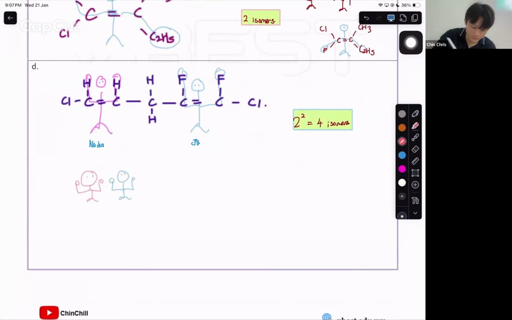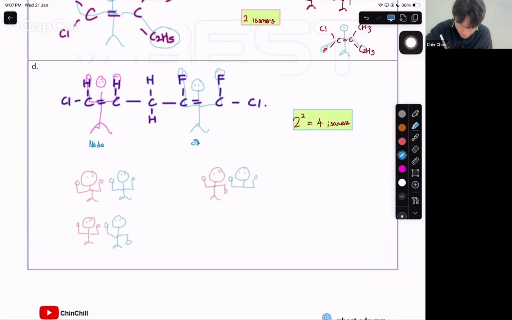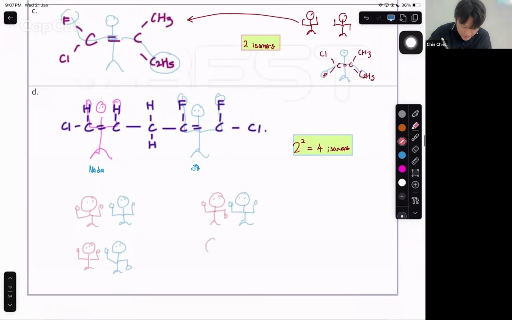What else? Nadia, do a cis. Joe Boy, do a trans. Second one. What else? Nadia, do a trans. Joe Boy, do a cis. What else? Nadia, do a trans. Joe Boy, do a trans.